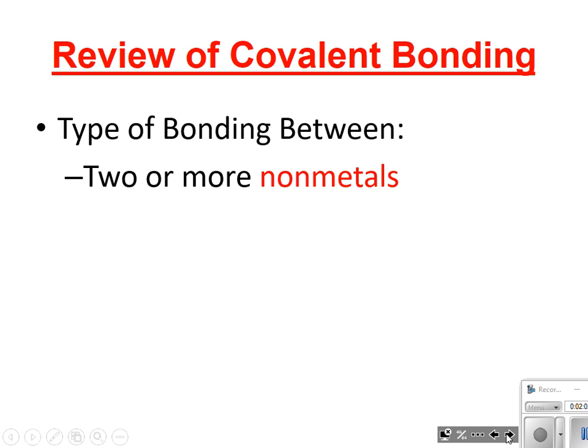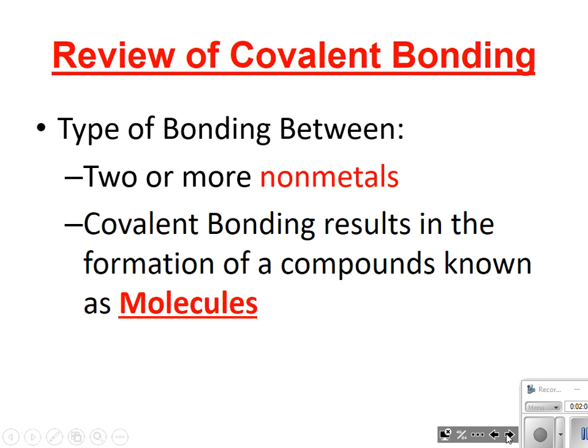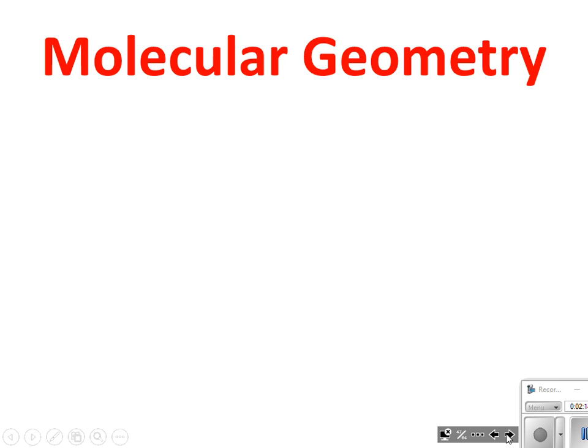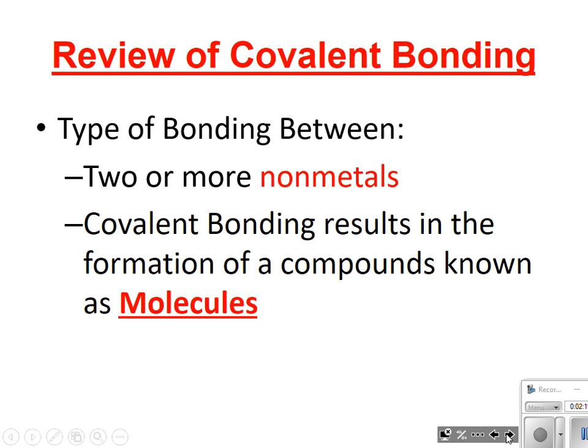And sometimes there are 5 different atoms that are covalently bonded together. Covalent bonds result in compounds that we call molecules. Okay? So, going back here, a molecule is something that is covalently bonded. A formula unit is something that is ionically bonded.